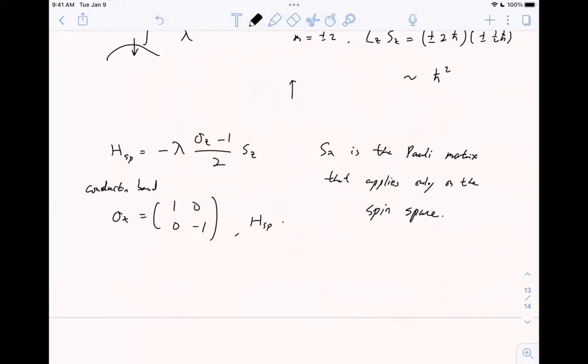For the conduction band, this term equals 0. For the valence band, you're picking up a -1 here, so -1 minus 1 will be -2. So this will cancel, and then this will be SZ.